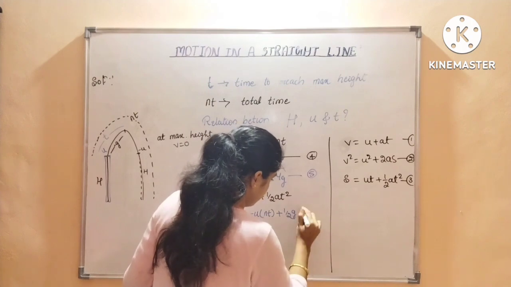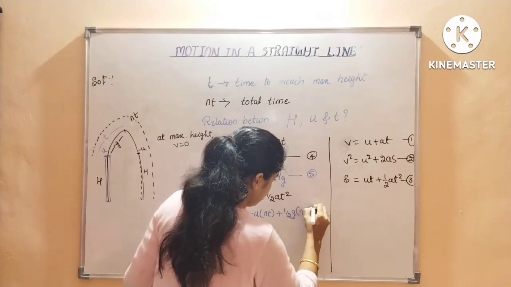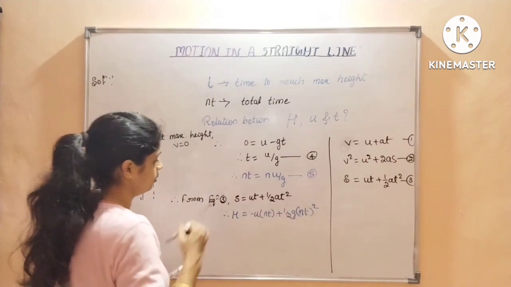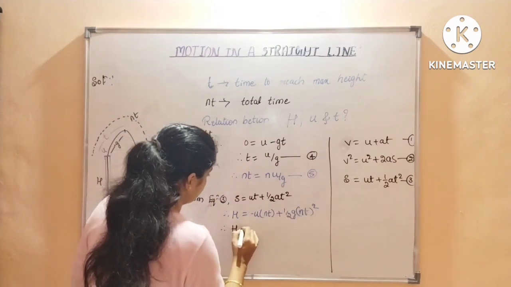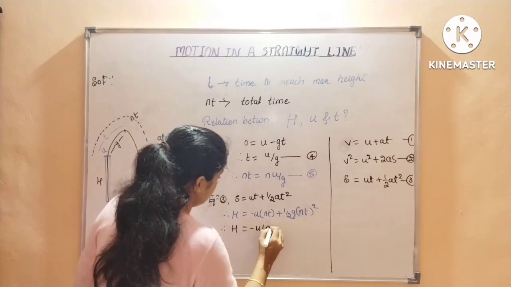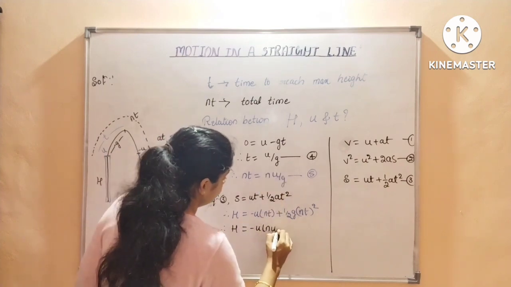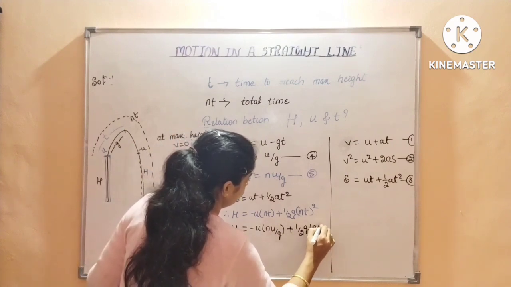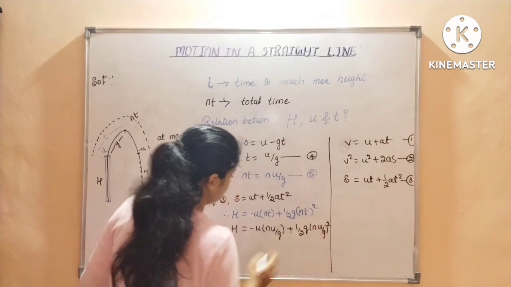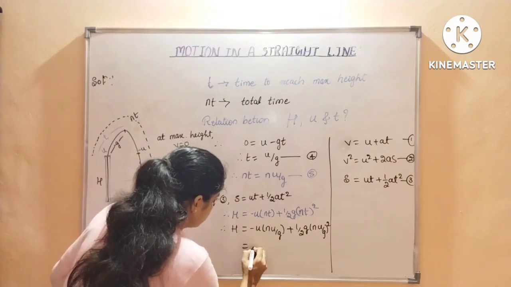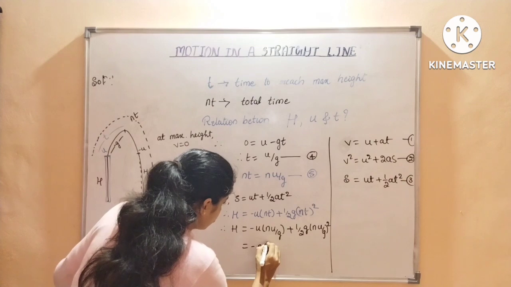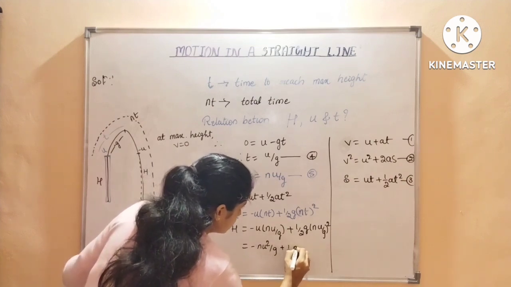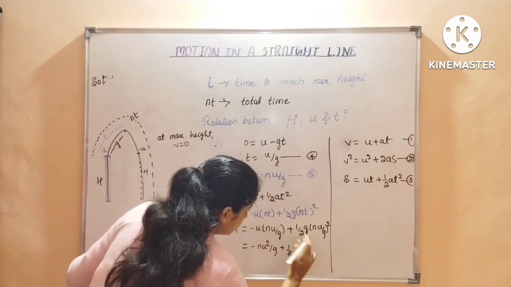Here t is the total time taken by the particle, so n into t whole square. Therefore h equal to minus u into n into t, which is u by g, plus half g into n into u by g whole square, or h equal to minus n u square by g plus half n square u square by g.